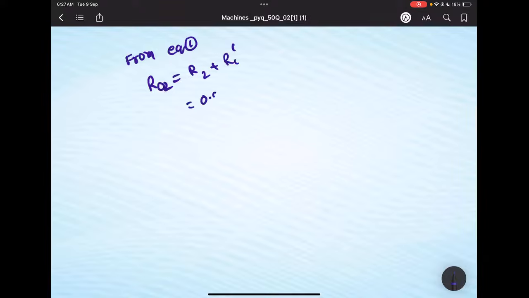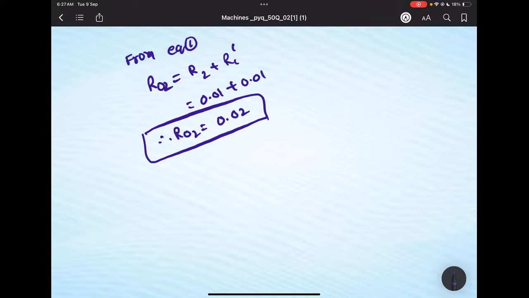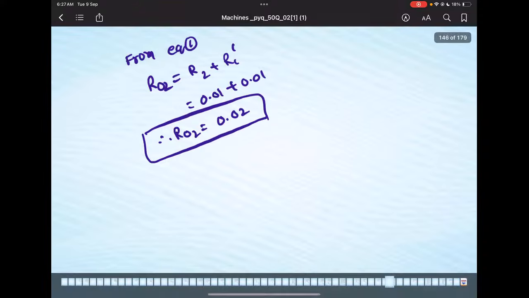R2 is given as 0.01. We calculated R1 dash as 0.01. Therefore, total resistance R02 is equal to 0.02. Okay. This is the equivalent resistance referred to the secondary side.